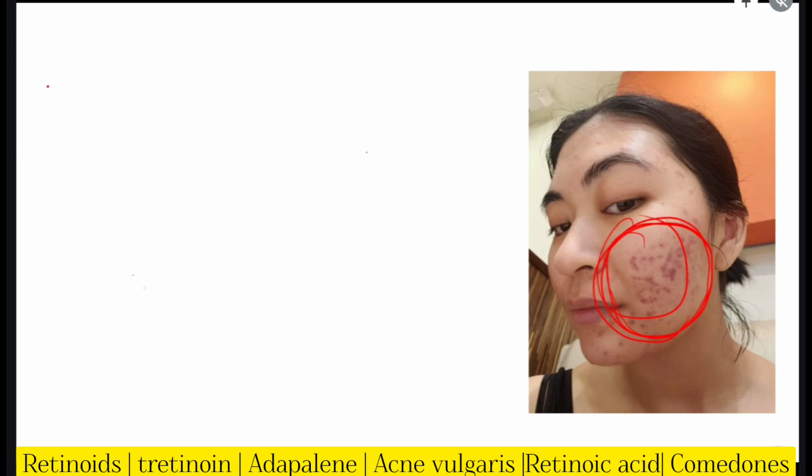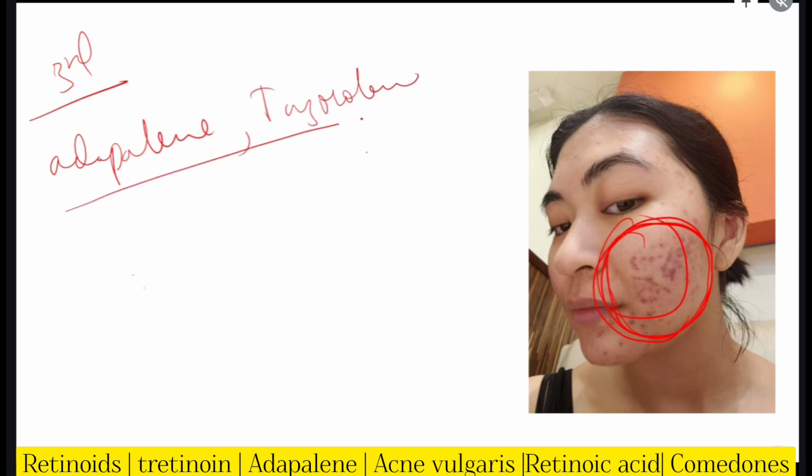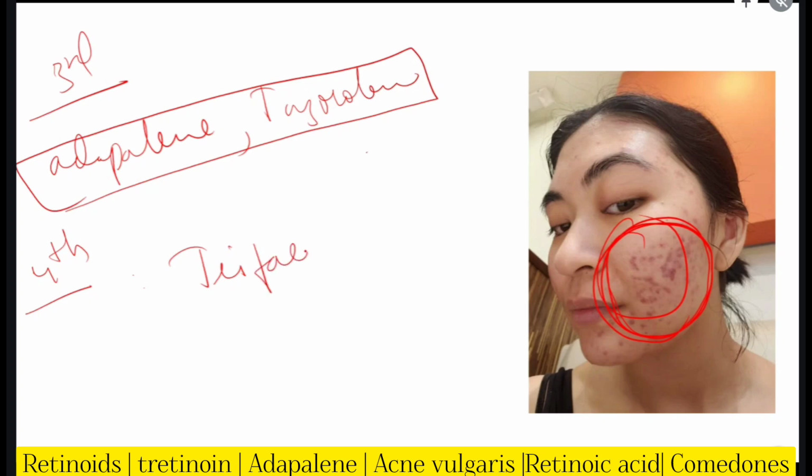And so this third generation retinoids are adapalene and tazorotene. These two drugs are the most effective drugs, and the fourth generation also we have, which is trifarotene. Even this is also the drug of choice in upcoming days.